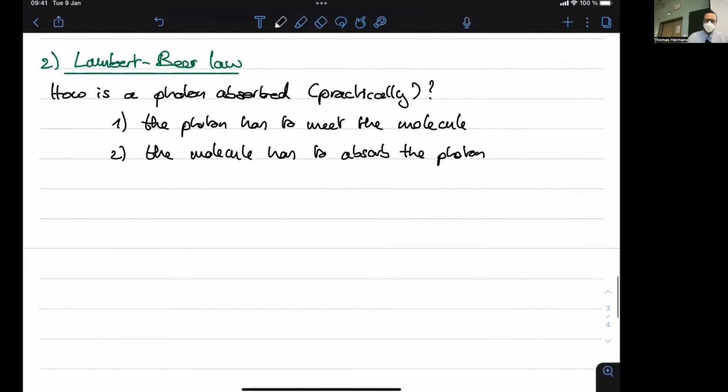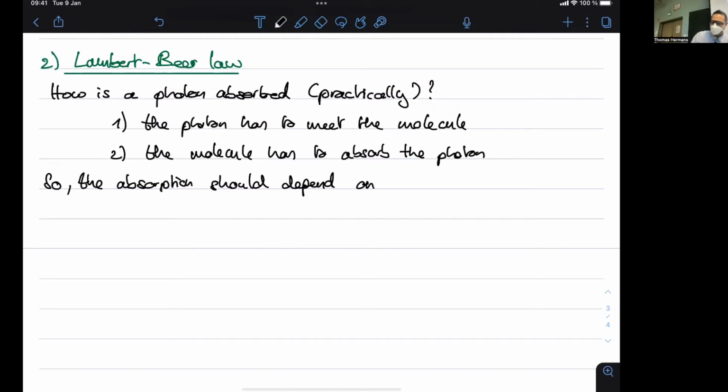So if we think about that, the absorption should depend on the number of molecules in the solution. What is that? It's the concentration.